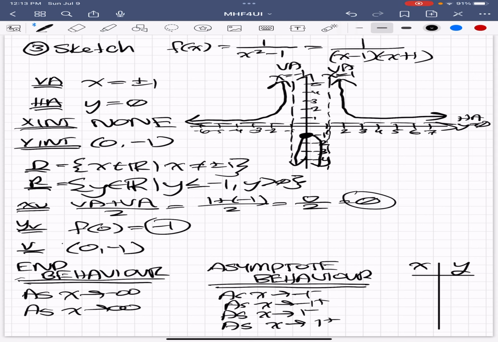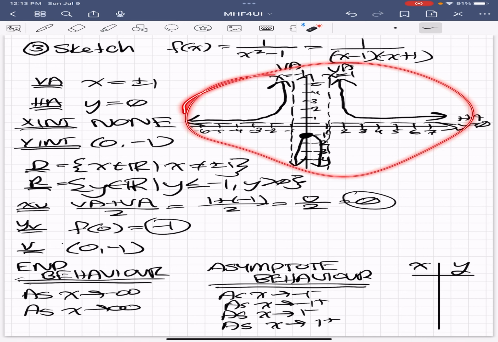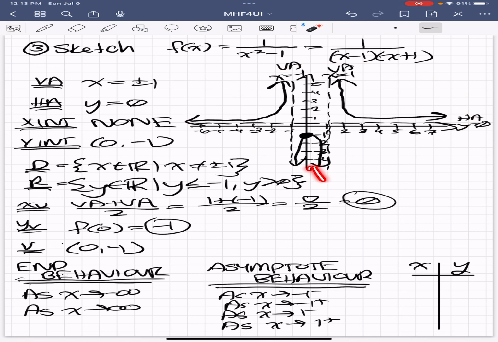Okay, so we have it graphed right just there. So as you can see, it's all graphed there. It's a bit of a skinnier parabola down here. And it's also upside down, so flipped.